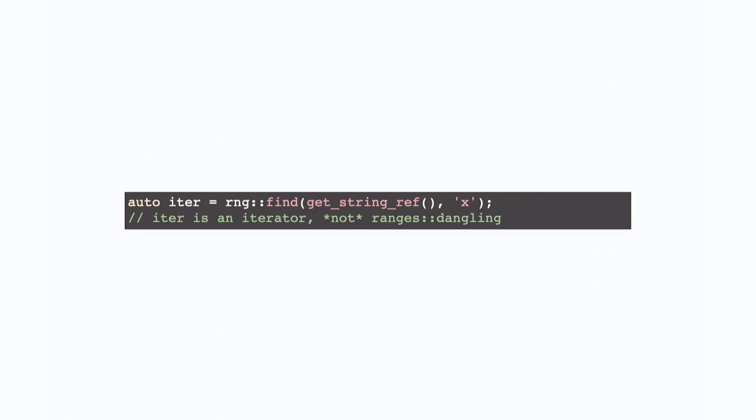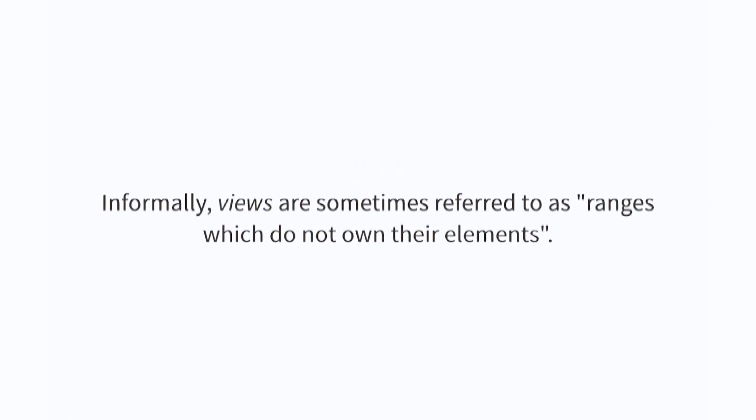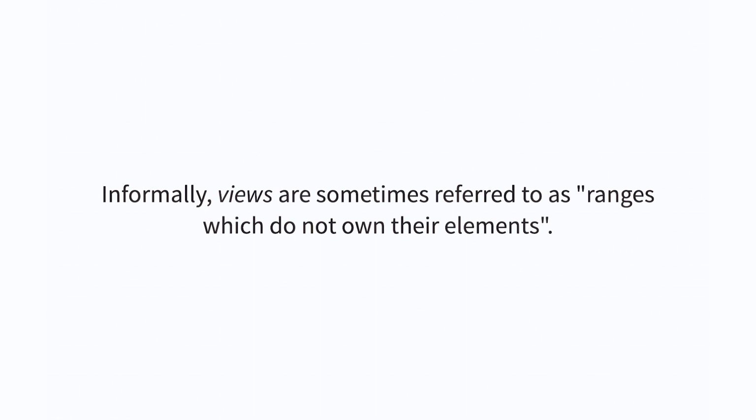So there's one more piece of the puzzle left to mention, and that is views. And I wanted to mention views because informally what you will often hear is that views are ranges which don't own their elements. Right? People will very often say this, and they'll say this actually because once upon a time this was true.